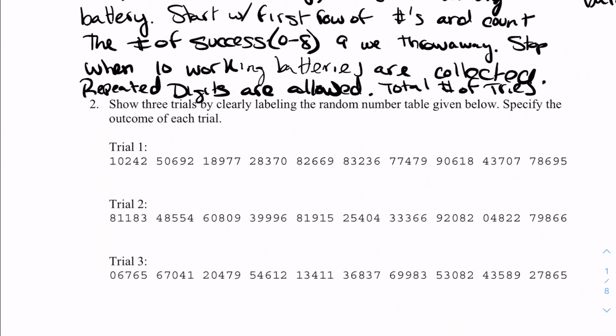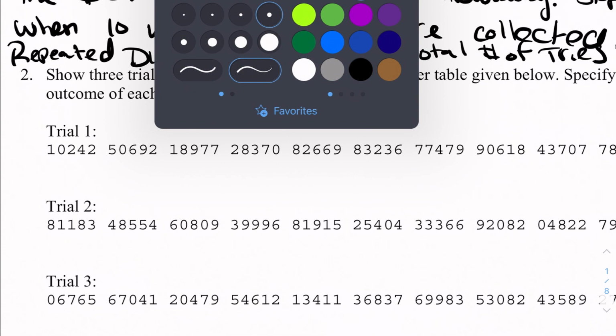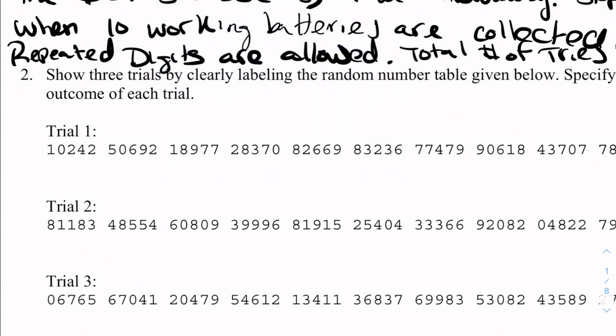So let's run this out. I'm going to use red to highlight any failures. So we're looking for the number 9 to show up, and that would be a bad trial. So we have 1, 2, 3, 4, 5, 6, 7, 8, 9, 10, 11.